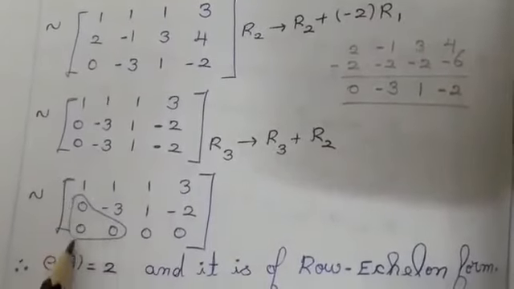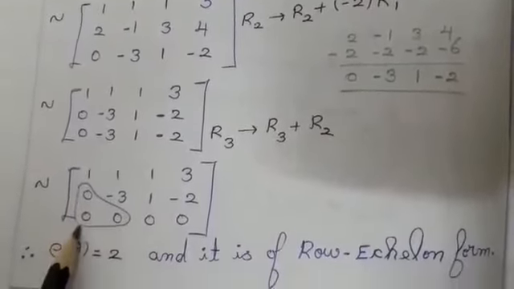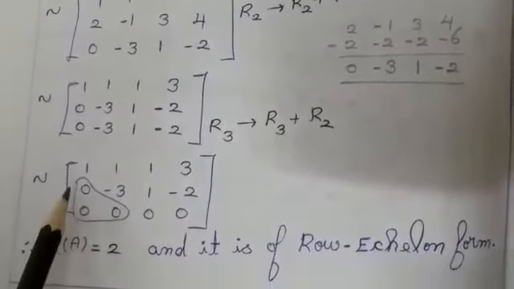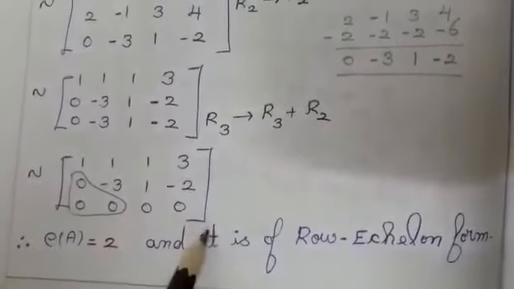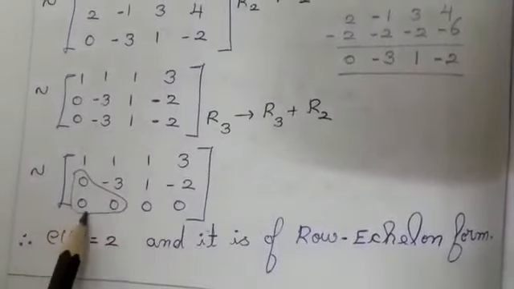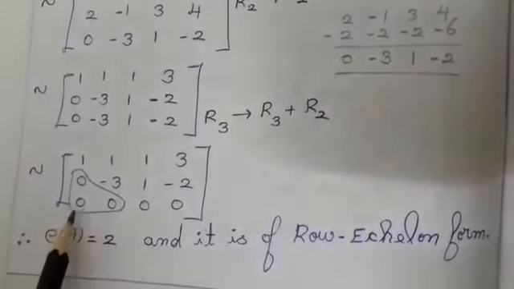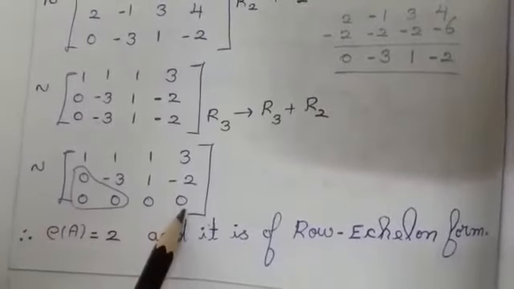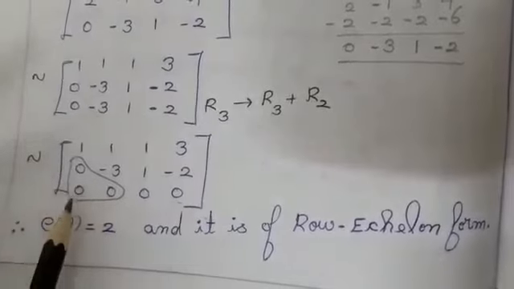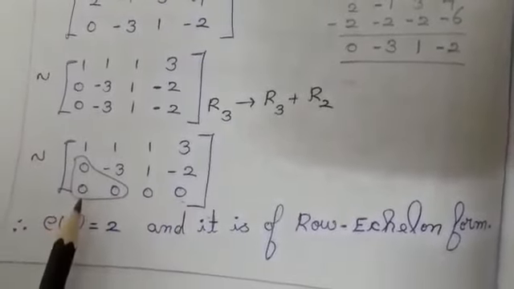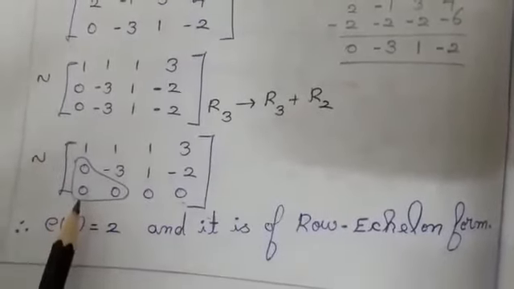So if you see, I am getting the triangular form. And if you check, what is the order of the matrix? 3 into 4. If you see the last row, I am getting the value completely 0. How to determine a rank? Only if you have a non-zero element, I can say the rank exists.